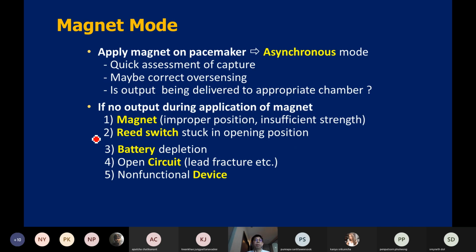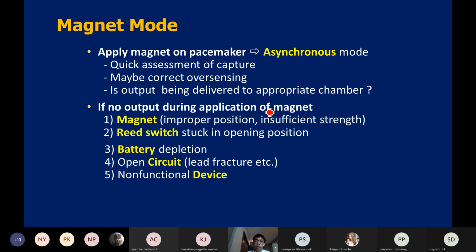If you have some kind of dislodgement or there is some switch of the RV lead into the RA lead, if you put the magnet in, you might not get the pace capture of the ventricle.